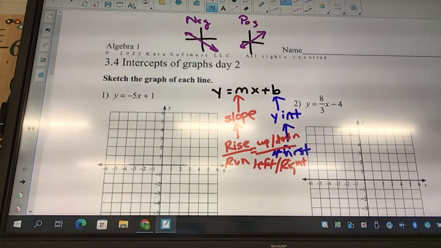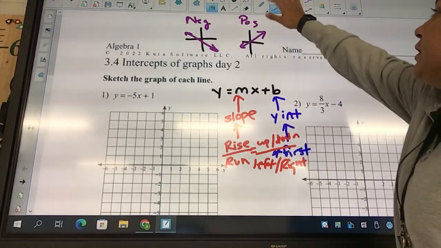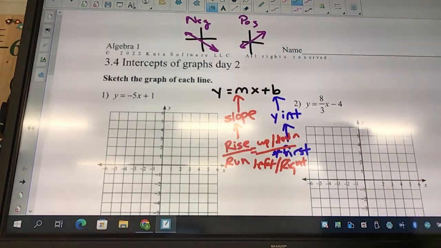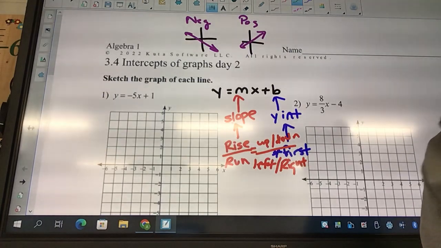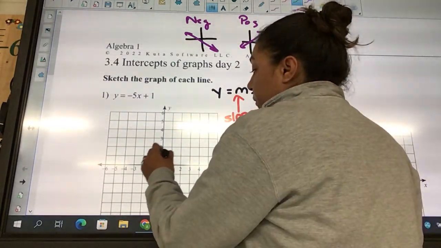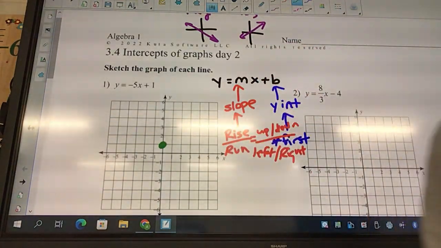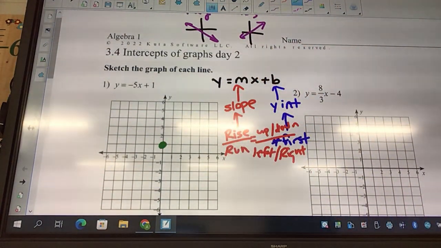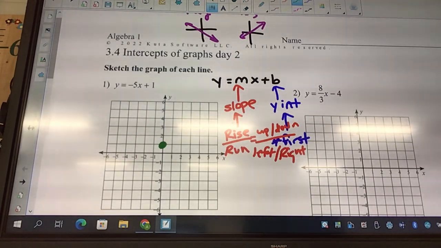So with that being said, if we look at number 1, we need to start with our y-intercept first. And what is the y-intercept? 1. So go to the y line and find the 1 and put a dot there. Now, before we do anything else, we need to look at the slope, and that is this number right here.